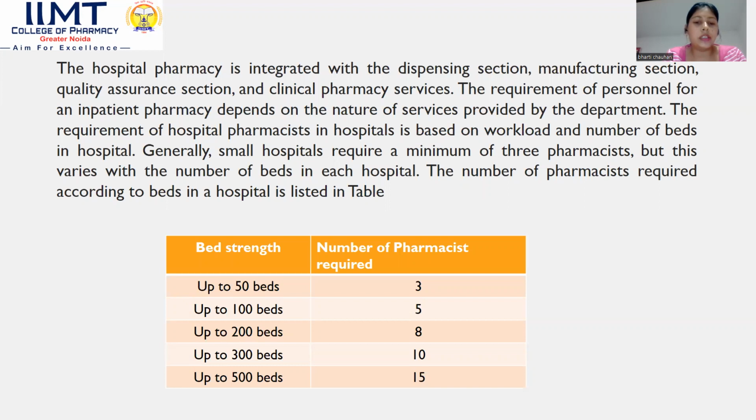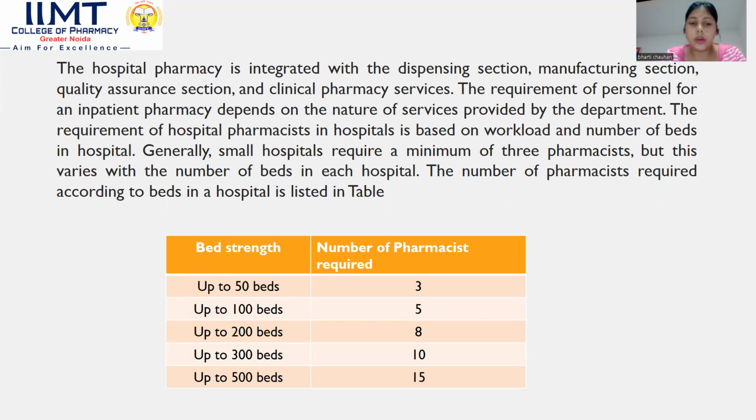Up to 100 beds, the number of pharmacists required is 5 to maintain all their routine as they are taking the drugs regularly or by a particular period of time, after food or before food, and how much IV they are giving, what fluids are giving. So these are some specifications that should be considered by the pharmacist.